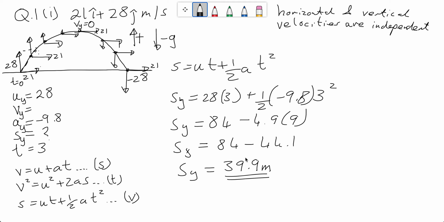But it doesn't matter what this horizontal velocity is. In fact, if there was no horizontal velocity and it was only fired straight up in the air and came back down, it would still reach 39.9 after 3 seconds. Even if the horizontal velocity was 100 meters per second or 1,000 or a million, it wouldn't make any difference. The object would still only travel to 39.9 meters after 3 seconds. So as I said here, the horizontal and the vertical velocities are independent of each other.